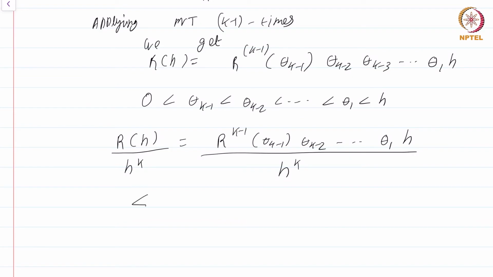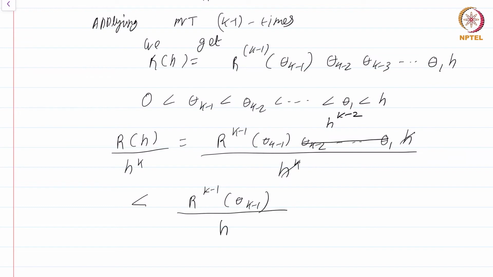So this whole thing I can write as r^(k-1) of theta k minus 1 and cancel off h and cancel off all of these also. So what I'm doing is in the numerator I have a quantity which is less than the denominator. So I'm going to replace these essentially by h^(k-2) and cancel it off. So this is strictly less than r^(k-1) of theta k minus 1 by h.